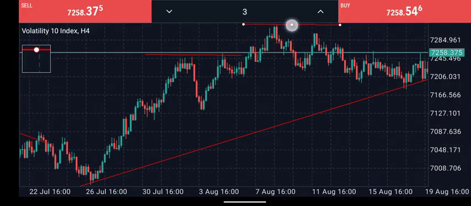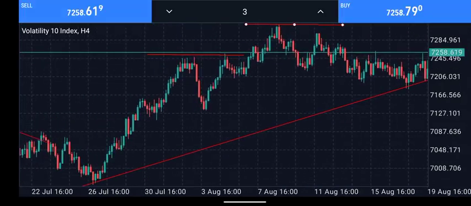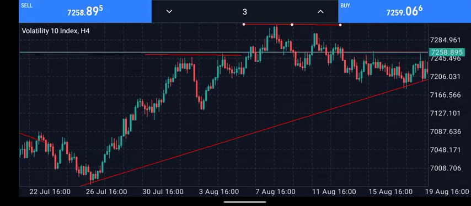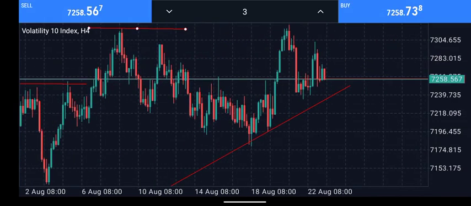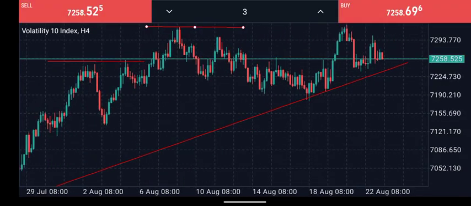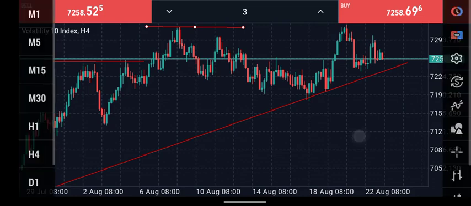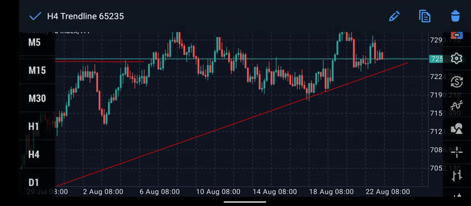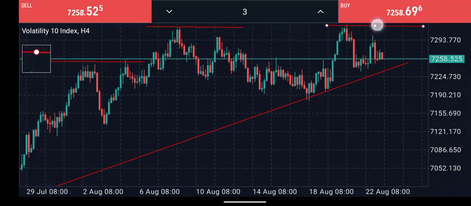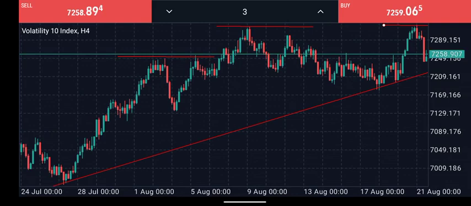This can be another higher high, because that's the higher high the market created before it broke it. Now this is the new higher high that the market has created, which is this one. So that's what higher high means. It means the highest high the market creates. That's what higher high is all about.